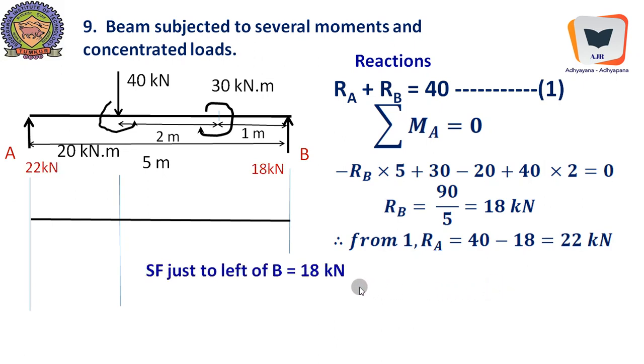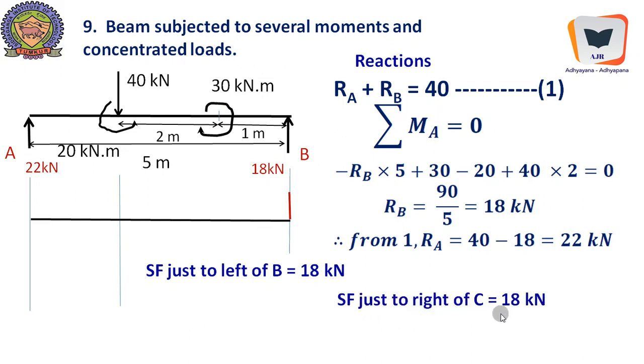So we will start drawing the shear force diagram, and we will simultaneously calculate and plot, so that our understanding will become clear. SF just to the left of B: if you take a section over here, it's only the reaction that would prevail. It is going up, therefore it is positive. Shear force just to the left of B is 18 kilonewton positive, and it is plotted on the positive side of the diagram.